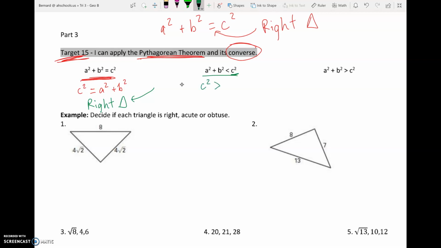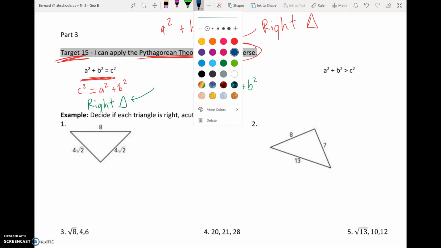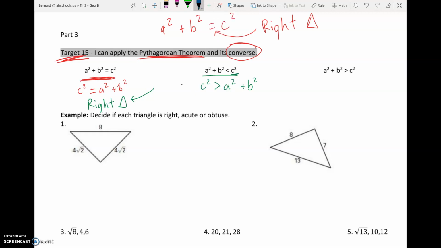If we perform this calculation and we notice that c squared is greater than a squared plus b squared, that tells us something about our triangle. One more time, again, it has to be equal for it to be a right triangle, but in this situation, if c squared is greater than a squared plus b squared, that's how we would know we have an obtuse triangle. When c squared is bigger, then it's an obtuse.